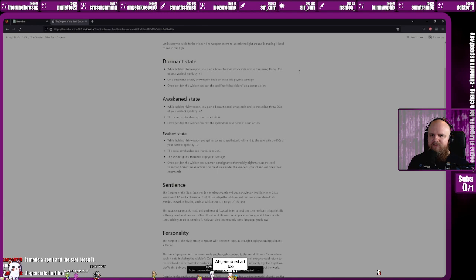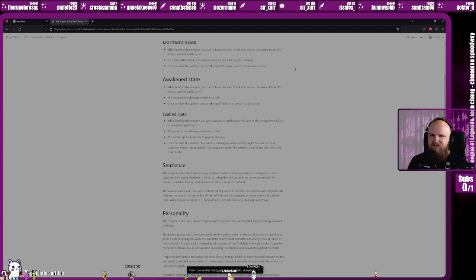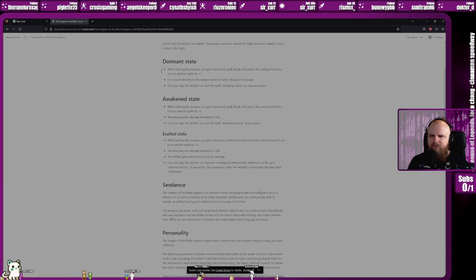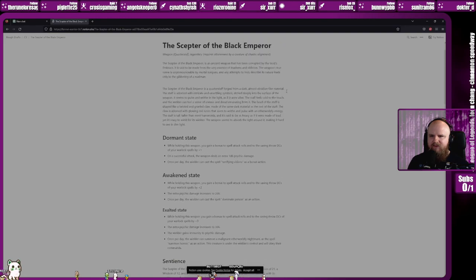Bonus to spell attack rolls, it's a +1. And saving throws for warlock spells. 1d6 psychic damage. Terrifying visions as a bonus action. So that's the dormant state and awakened state.